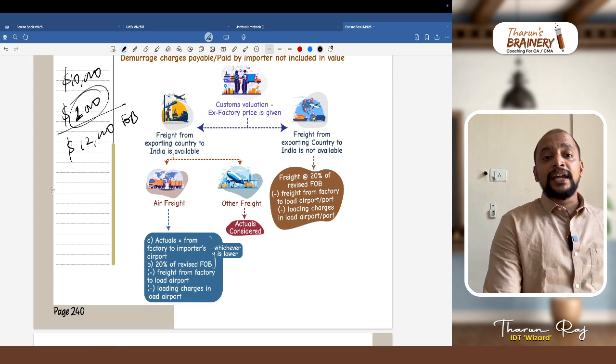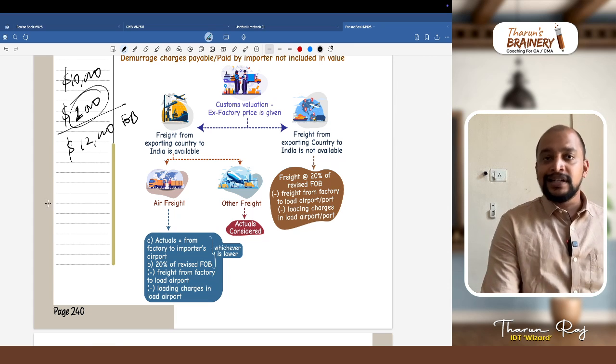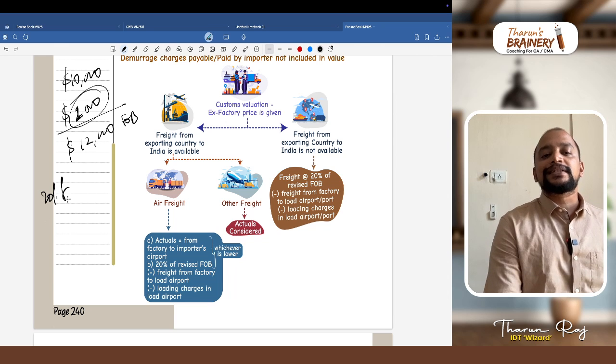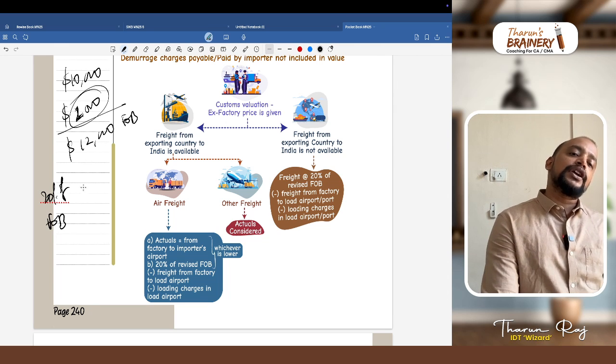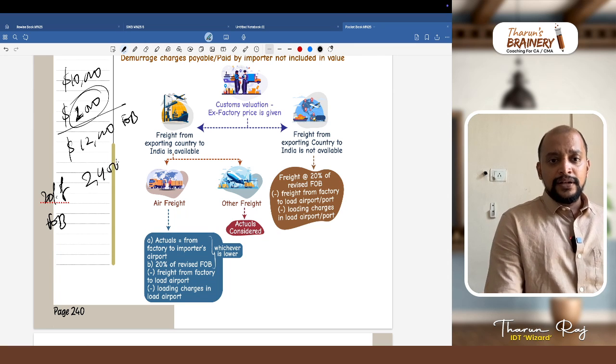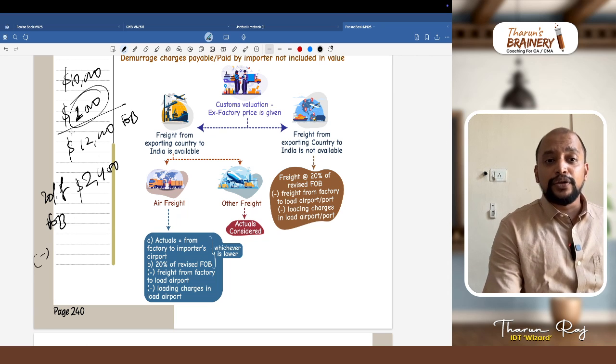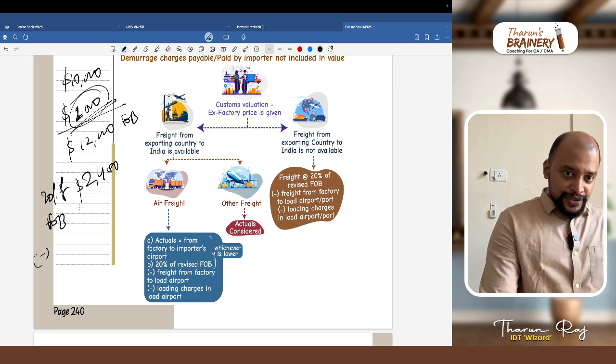And to this FOB, when you take freight as 20% of FOB, got it? So freight we will take as 20% of FOB. So 20% of FOB means 12,000 into 20%, 2,400. But already 2,000 considered here.